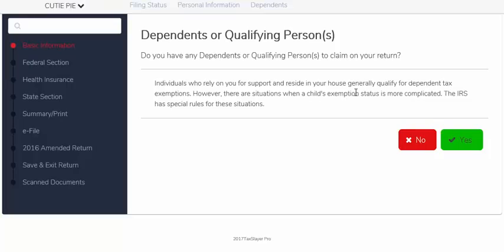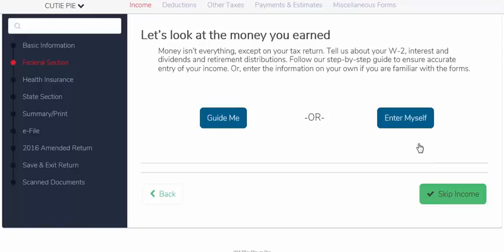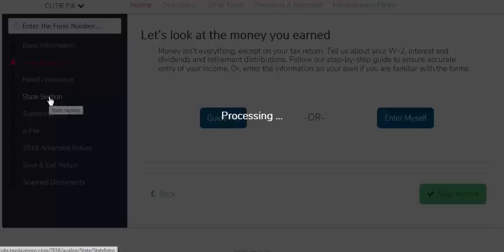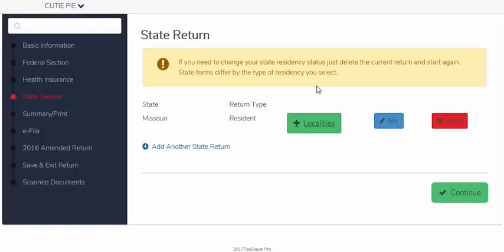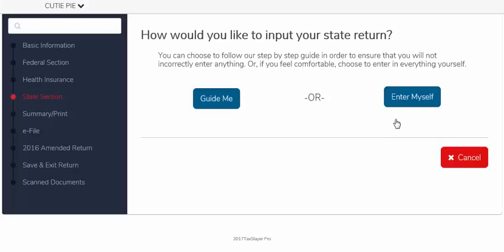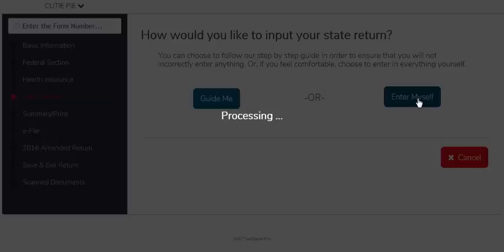And it wants to know if we have any dependents or qualifying persons. No, we do not. And then we're going to go back into the state section. And we're going to edit. So we're going to choose Enter Myself.